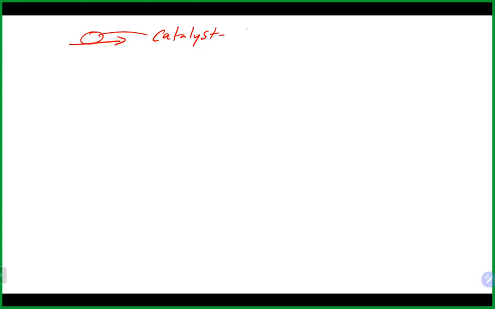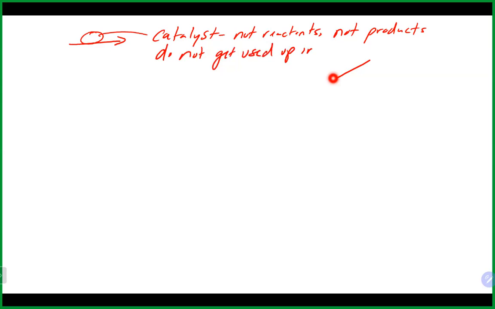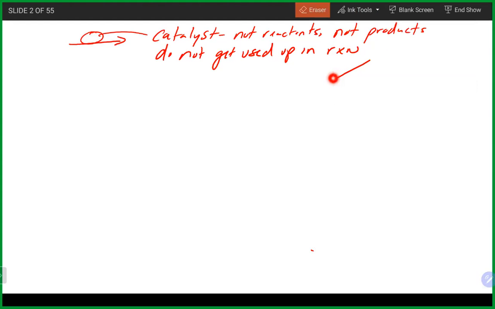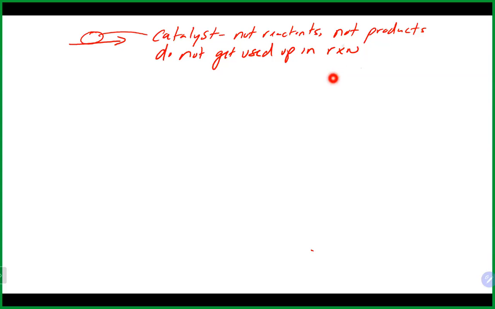Catalysts are not reactants. They're not products. And they do not get used up in the reaction. Really a catalyst is just there to make the reaction occur faster in most cases. That is basically what a catalyst does.